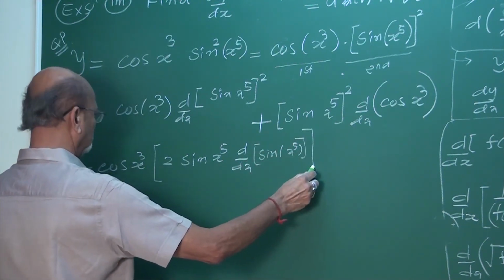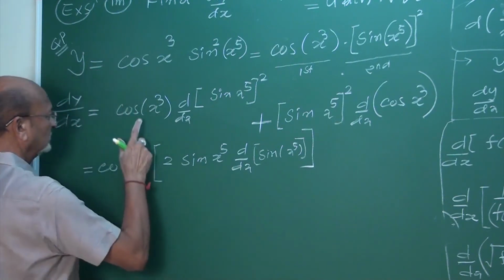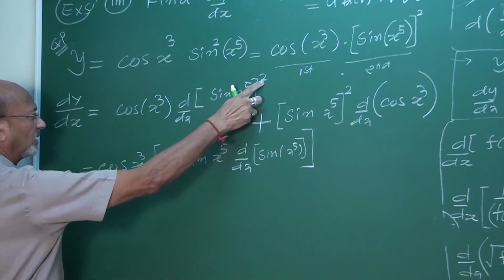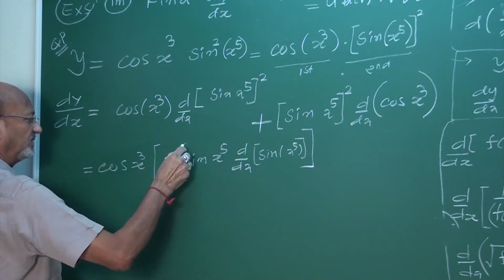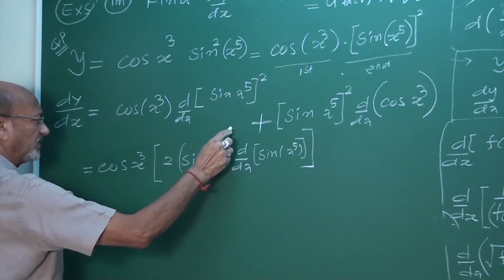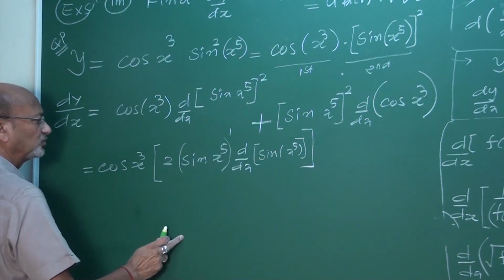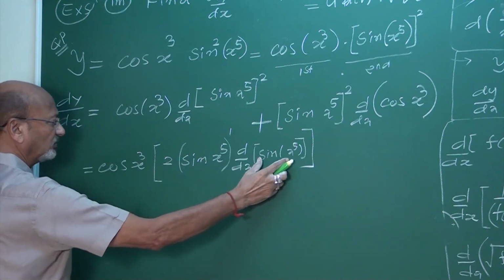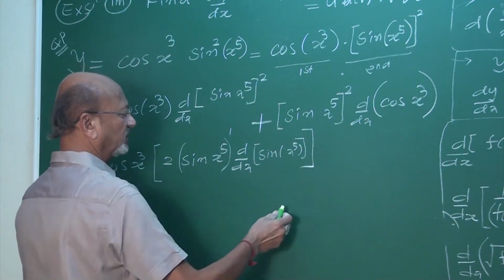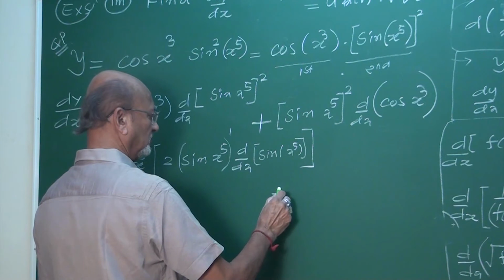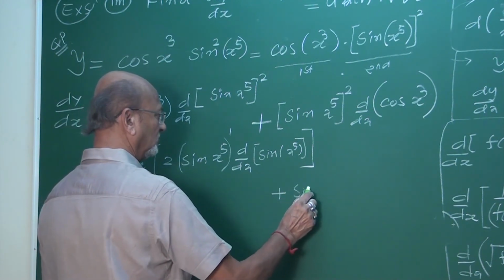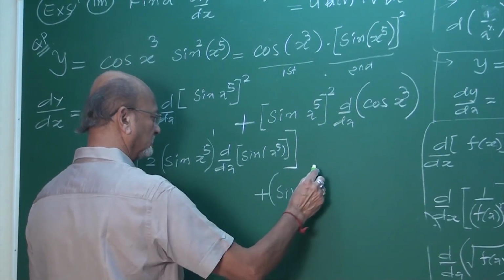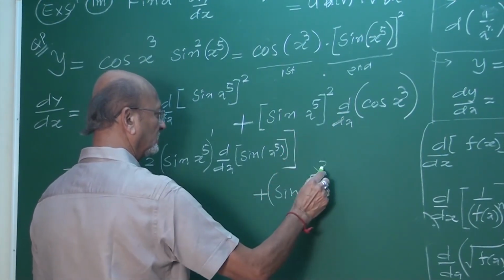Yes, friend. What is this? First function as it is into derivative of second function. It is f x to the power n minus 1, 2 minus 1, into derivative of f. Plus this, friend, sin x to the power 5 whole square.